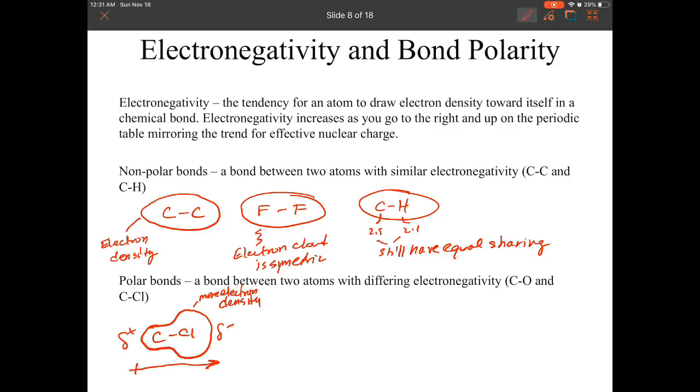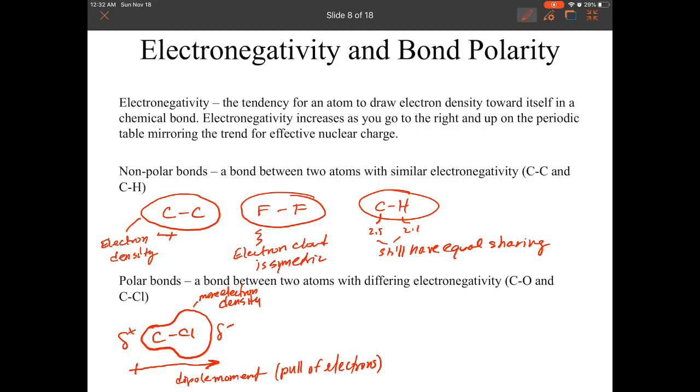Another way of thinking about this is we can draw an arrow in the direction where the electrons are going to get pulled. This little arrow is indicative of what we call a dipole moment. This is the pull of electrons toward a single atom. So chlorine pulls the electrons toward it. It has a dipole moment, and you get a slightly negative charge.